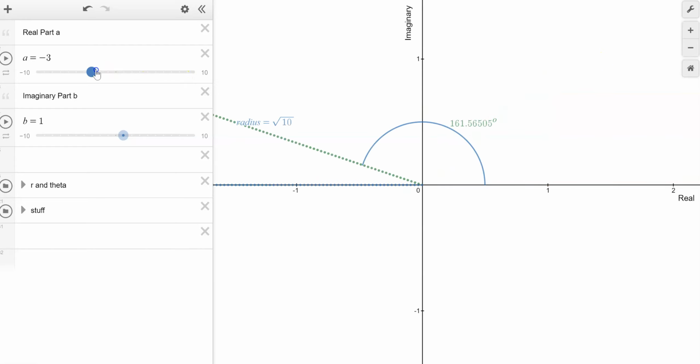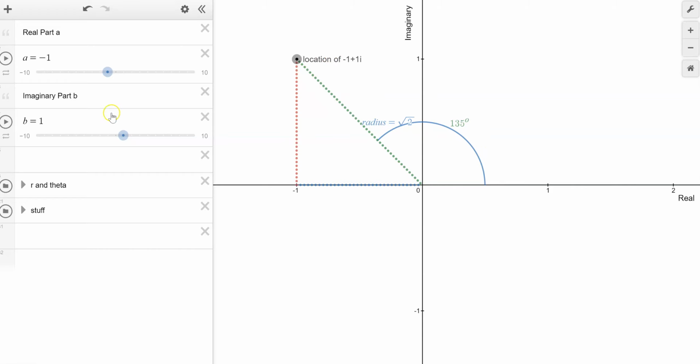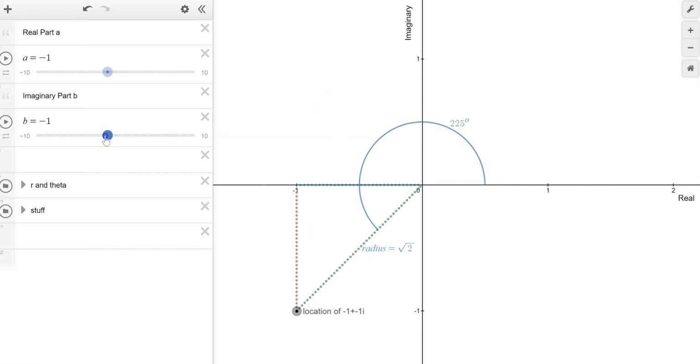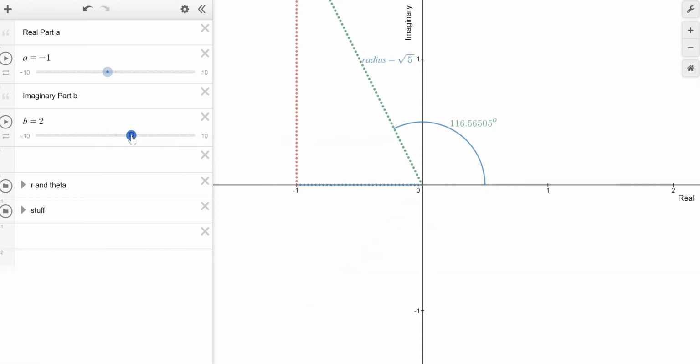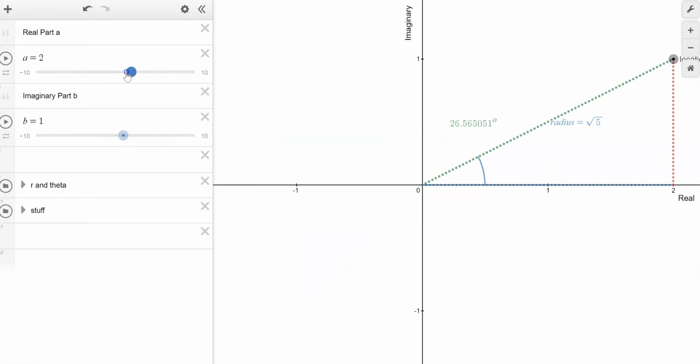And so even if we had made that a negative 1, now our angle would be 135 with the same radius. But the 135 is what we need to get it over here at the negative. And if our b was negative, same thing, the radius would be square root of 2, but we'd need 225, so our theta would change. You guys good?